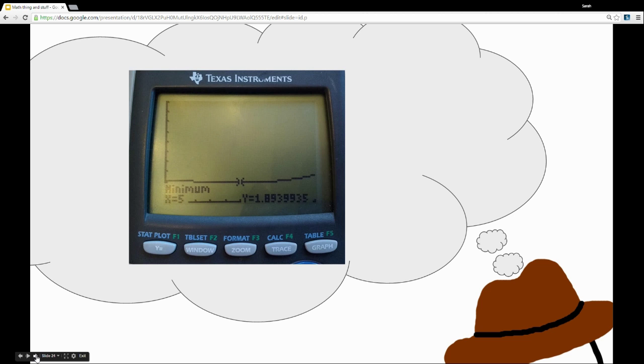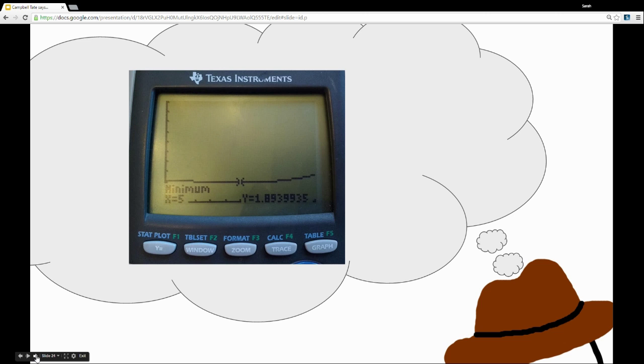Now the calculator would be asking for either a lower bound or left bound. This is the calculator's way of saying, I can find the minimum, but where should I look? So place the blinking cursor to the left of where the minimum appears to be located using the directional keys, then hit enter. The calculator will then ask for an upper bound or right bound.